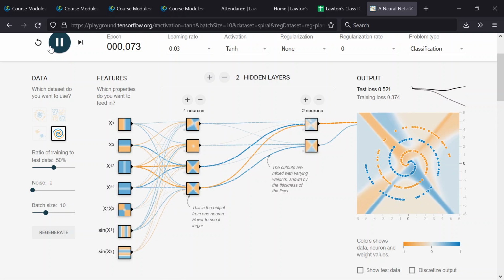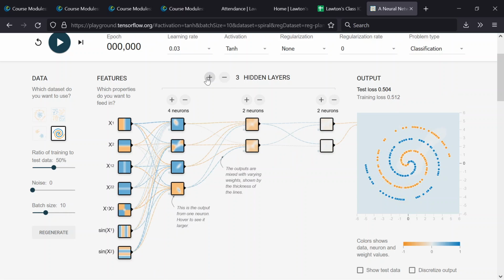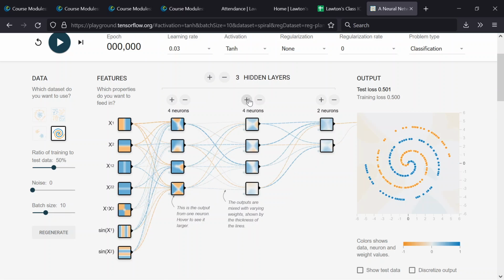Is that enough? Oh. Yeah, I can't really. When in doubt, you just add a bunch of layers and a bunch of features, and eventually it will work. Maybe I need a million outputs as well.